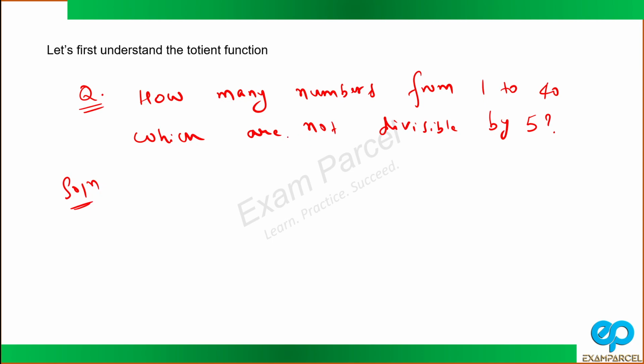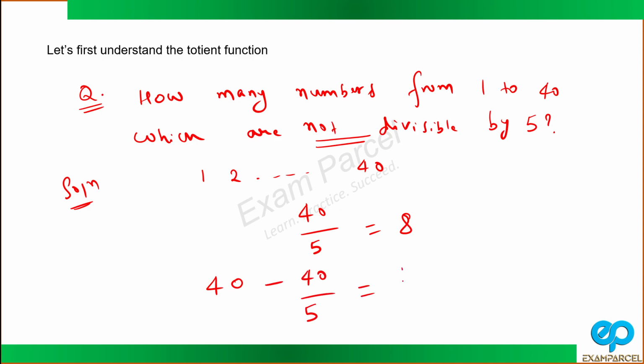From 1 to 40, there would be 40 upon 5 numbers which will be divisible by 5. And if I want not divisible by 5, I will simply subtract this 8 from 40. I will get my answer as 40 minus 8, and that is 32. Now, how can we rearrange this? I can rewrite this also as 40 into 1 minus 1 by 5, right? This is another way of writing this.